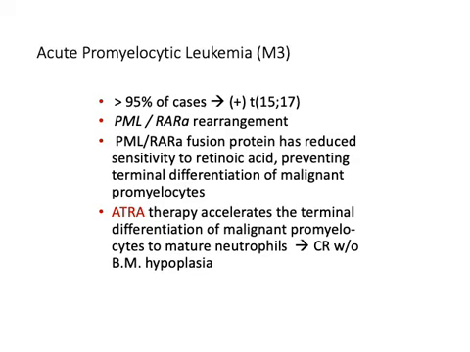This is a fusion protein that has a reduced sensitivity to retinoic acid, preventing terminal differentiation of the malignant promyelocyte. Now, when you add all-trans retinoic acid therapy, there is acceleration of terminal differentiation of the malignant promyelocyte to mature neutrophil so that the malignant cells die. And you achieve complete remission without bone marrow hypoplasia.